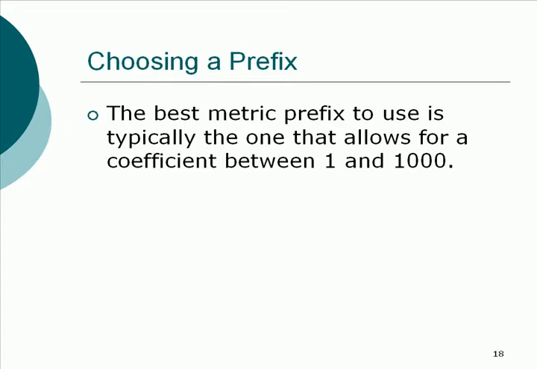I mean, you can write any value in any number of different metric prefixes. I could tell you the distance from this table to the back door in centimeters, meters, kilometers, or megameters. It's just that the coefficient, the number of those units I have, would change. The best metric prefix is the one that puts your coefficient, the numeric part, between 1 and 1,000.